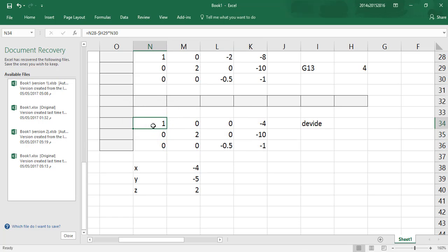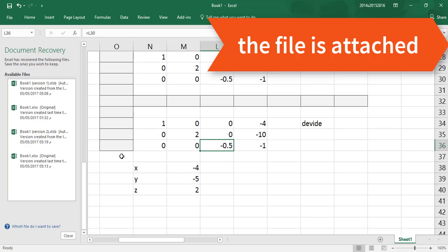The first row will be divided by element 1 1, the second row will be divided by element 2 2, and the third row will be divided by element 3 3. We will get directly the values of x, y and z.